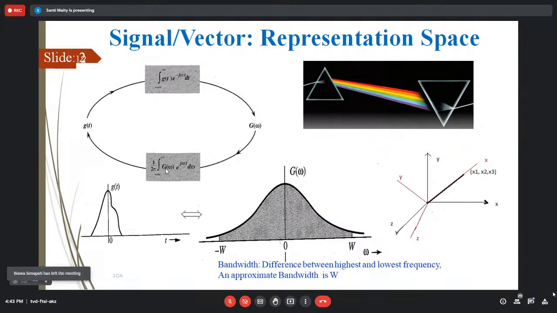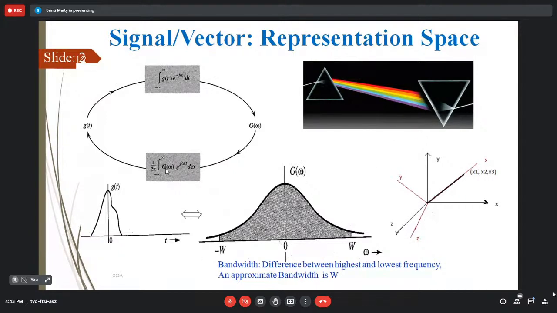So every pattern that you associate as a computer scientist, in an appropriate representation space, can be represented by a dot, and that asks you to look for a representation space. I don't like to say that the representation space is only Fourier. There are many such representation spaces.